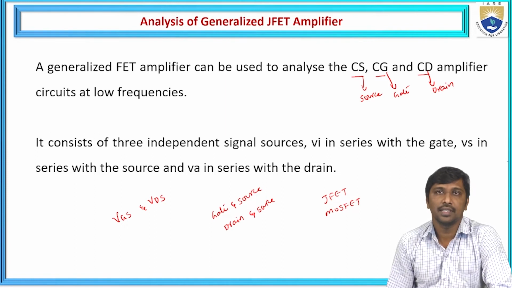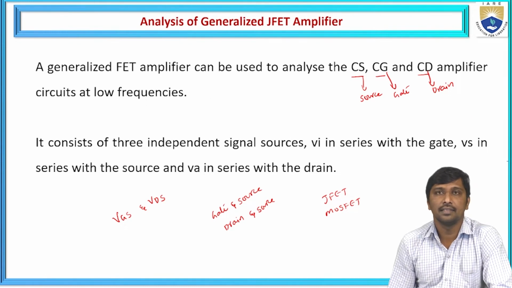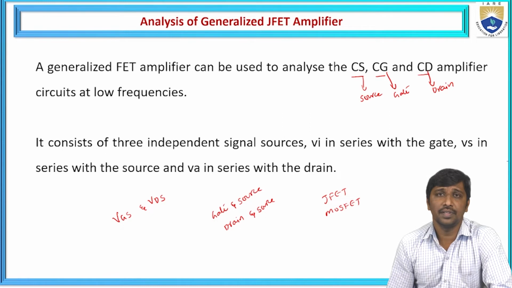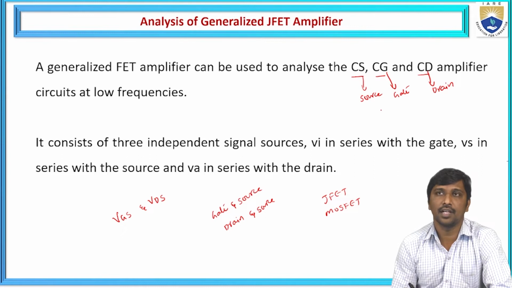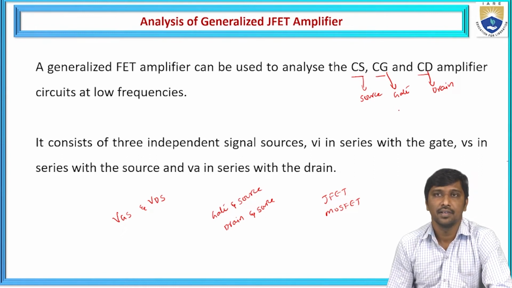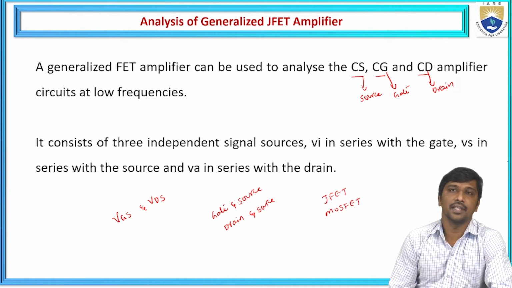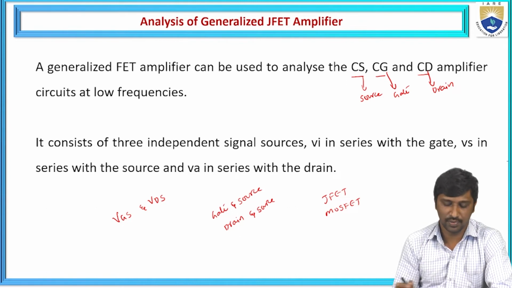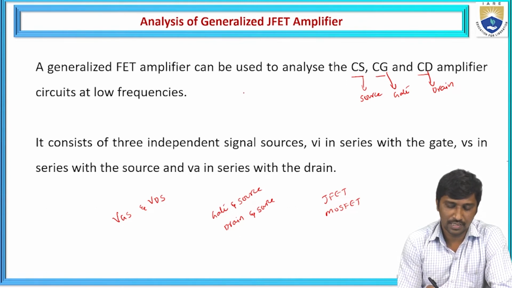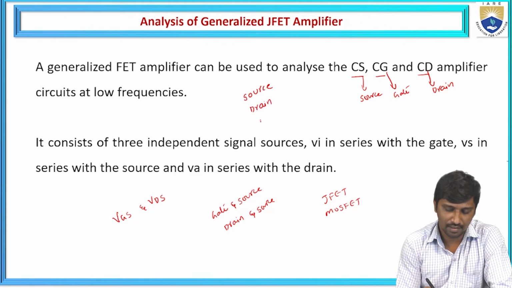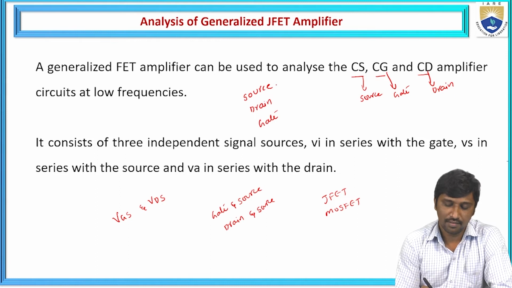Now today we are going to discuss a generalized JFET amplifier, and by using it, we are going to define the three configurations: common source, common gate, as well as common drain. Based on the terminal representation of the JFET, we have three terminals: source, drain, and gate.